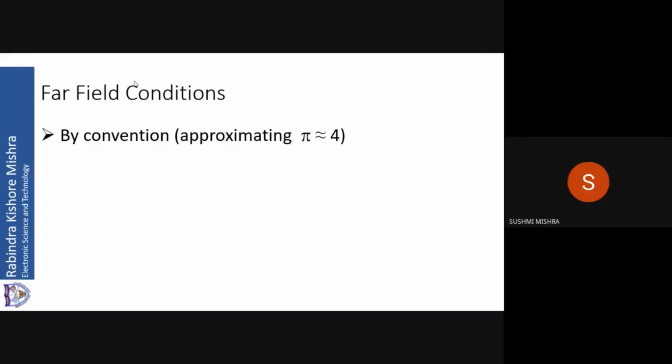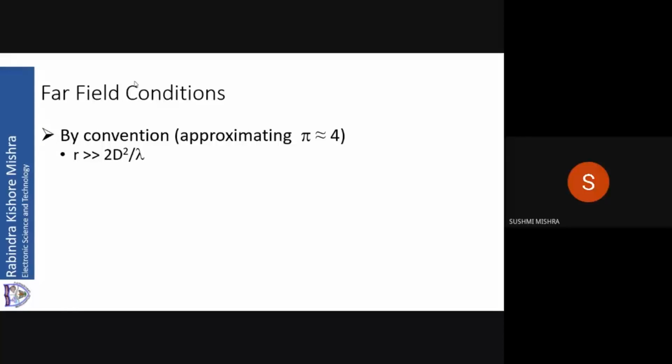Now let us look at the conditions for the far field. These are the approximations and their justifications that we have seen up to now. Now let us see under what condition we can compute the far field. By convention, we approximate pi as 4. Although pi is 3.141, we approximate it to be approximately 4 as a thumb rule.